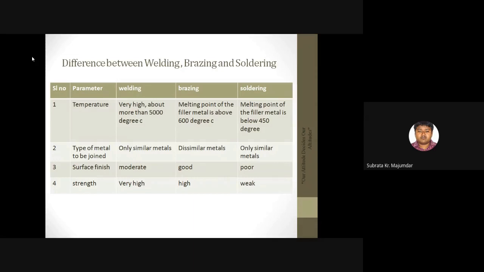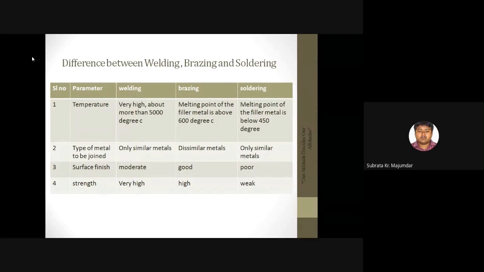That's why the power consumption is much higher in welding compared to brazing and soldering. If we go with brazing, the power consumption rate is lower than welding and higher than soldering. But in soldering, power consumption is very low compared to brazing and welding.